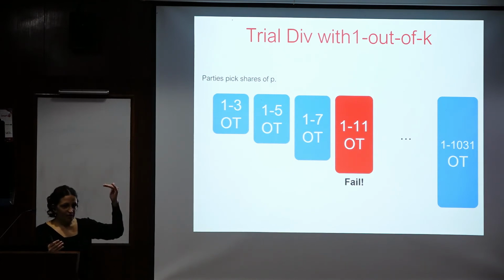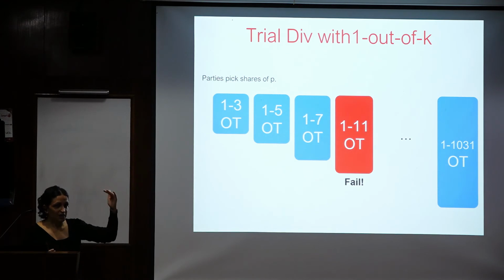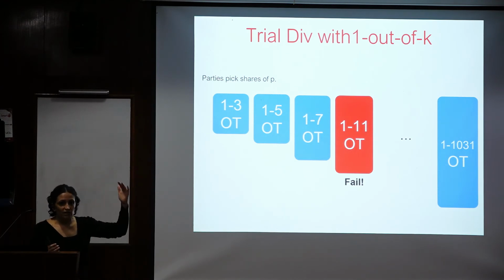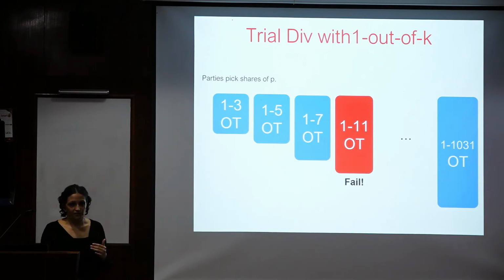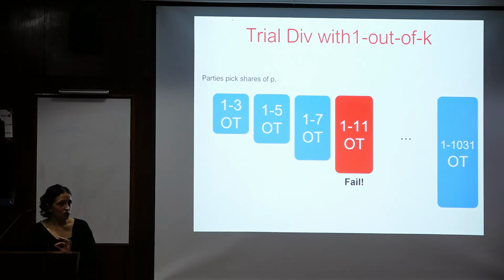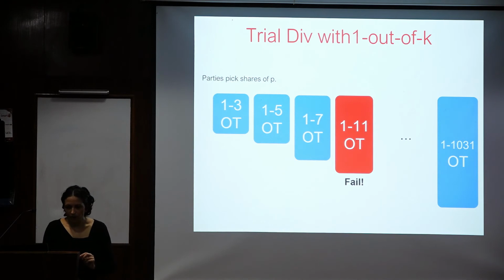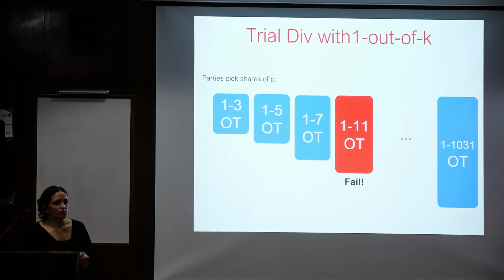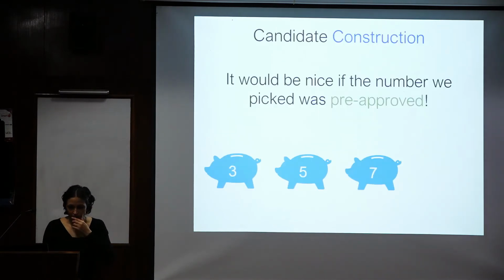And the higher the bound you fix, the many more OTs you need to engage in. And this protocol was carried out only in the two-party setting. Extending it, as I was saying before, would be too expensive for us.